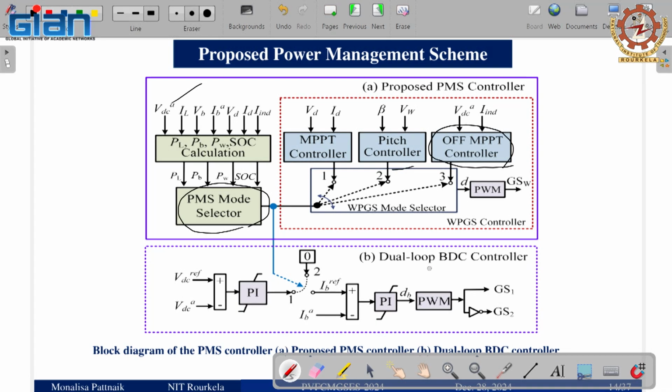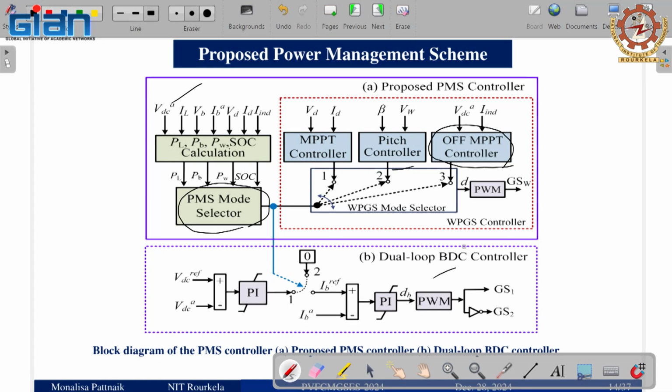For the battery, the SOC should be within the safe limit. Here we have considered the safe limit as 50 to 90%. You can also go for a lower one, 30 to 80, which people are taking nowadays.